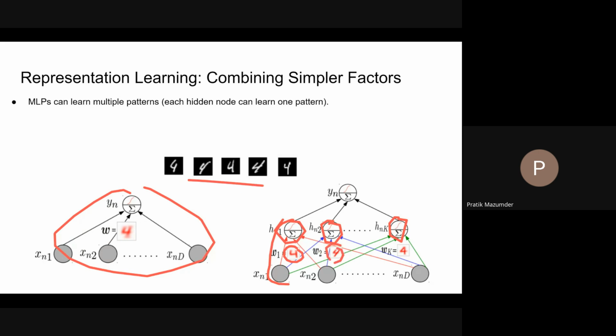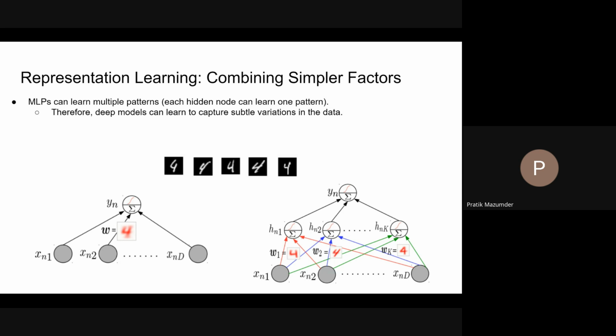Suppose you're running it on an MNIST data set where you have images of numbers from 0 to 9, and each perceptron handles a different type of image. If the given image matches one of these patterns, that perceptron will have a very high output compared to the other perceptrons, and finally you predict the class of that image based on the identified features.